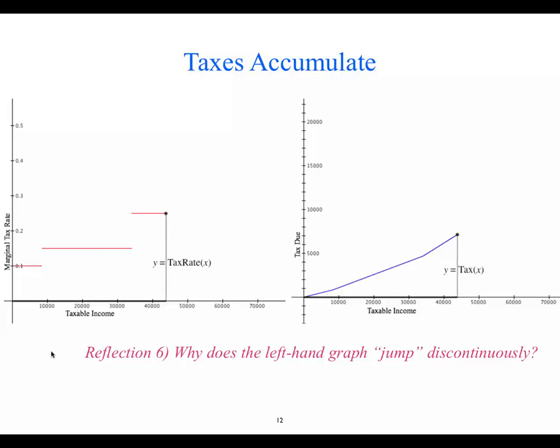So on the $34,000 that you make, you pay 0.15 in tax, and then on the first dollar after $34,000, you pay 0.25 in tax. So you make the next dollar, and suddenly you're paying at a higher rate. Just that dollar.